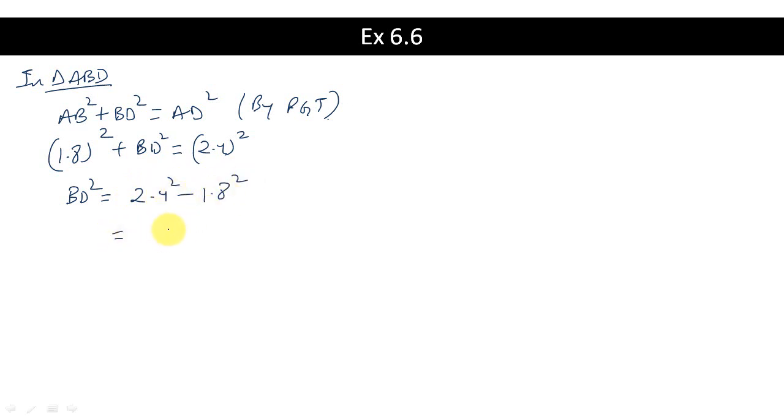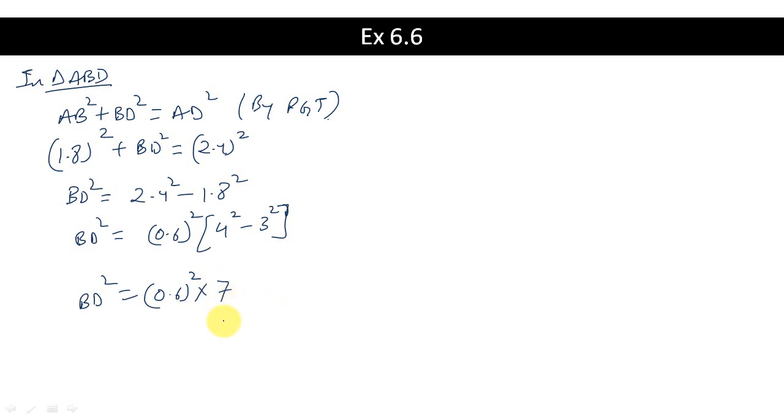So again I can take out 0.6 square as common. I will be left with 4 square minus 3 square. So BD square will be 0.6 square times 4 square is 16, 16 minus 9 is 7 times 7.